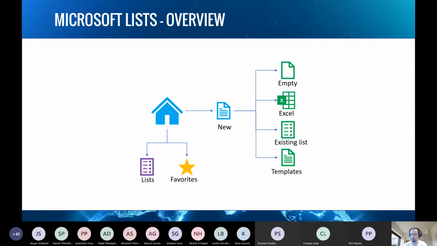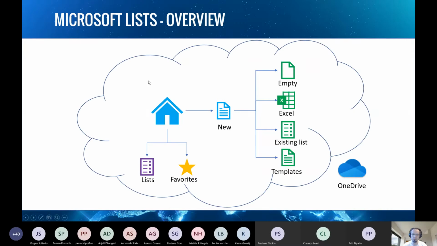And you can use templates. Currently, you can't create your own template, but it should be added in some time, because for me, it's obvious to get templates, to create your own templates. And all your lists are automatically saved in your OneDrive for Business. So you have full control over those lists.